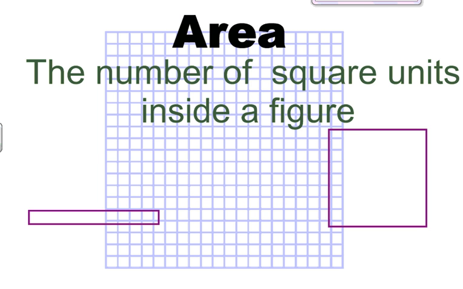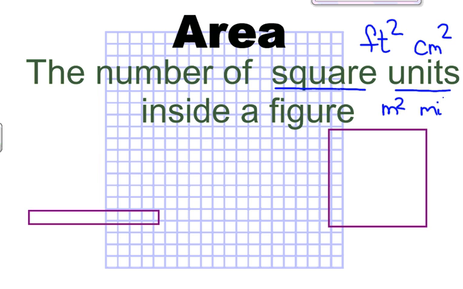But now we're going to be talking about area, which is different than perimeter. Area is the number of square units inside of a figure. And square units is why when we're talking about area, we end up with units like feet squared, or centimeters squared, or meters squared, or miles squared.